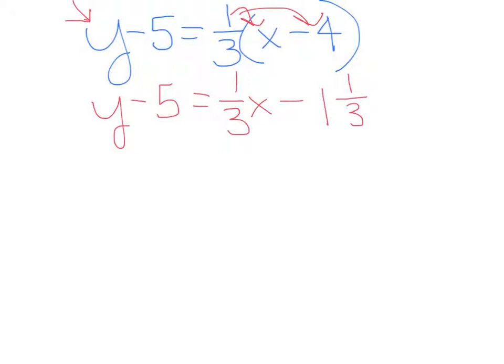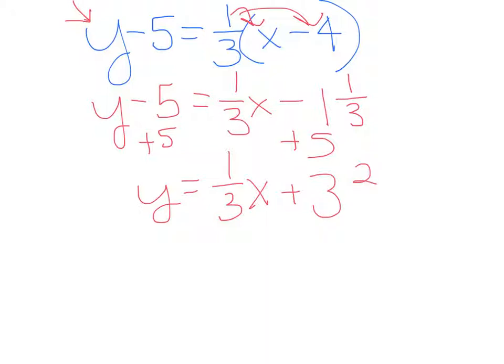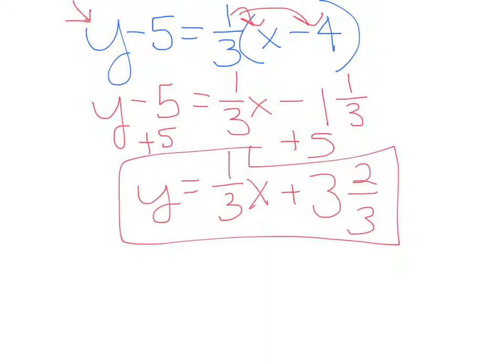So then you have to add 5 to both sides, and so you have y equals 1/3 x plus 3 2/3. So this would be your slope-intercept form of the previous example.